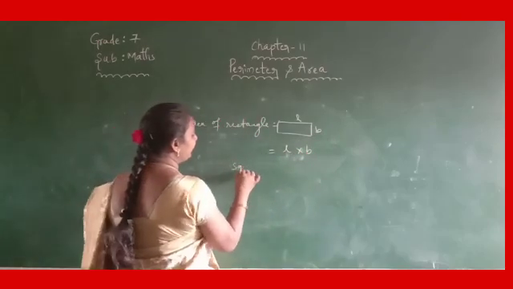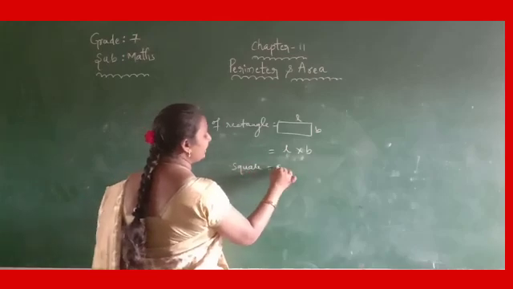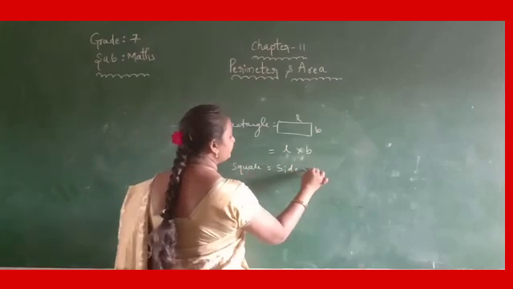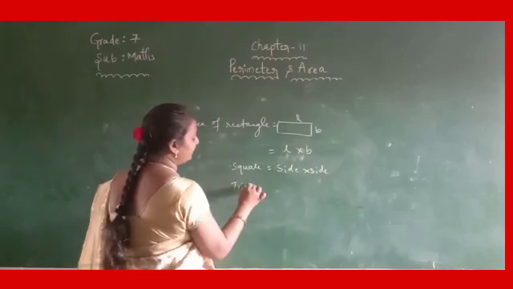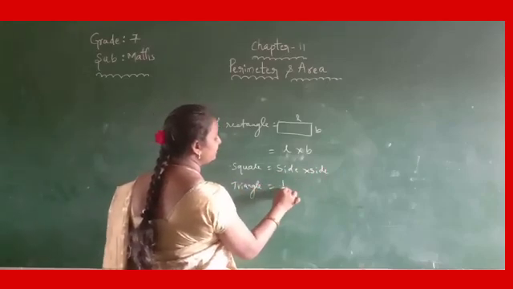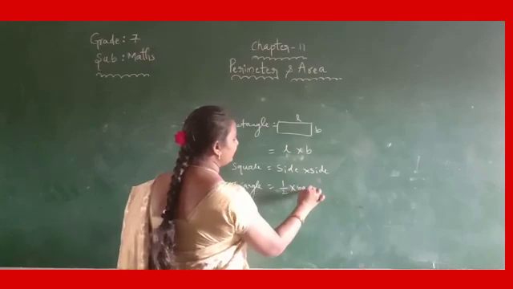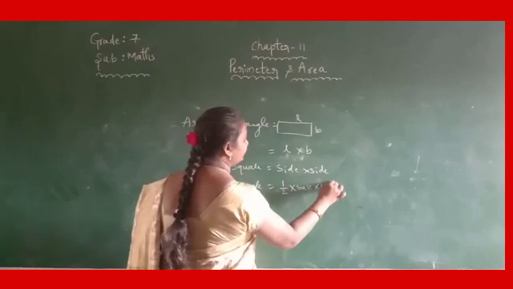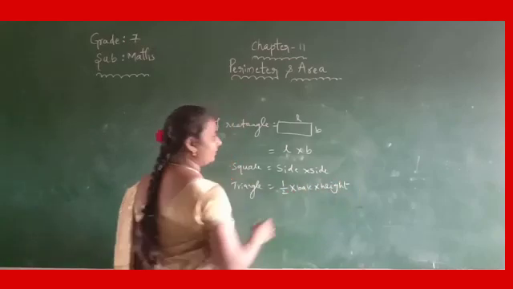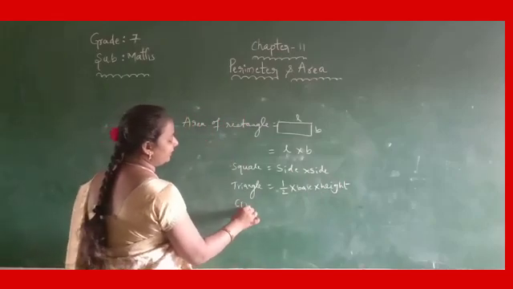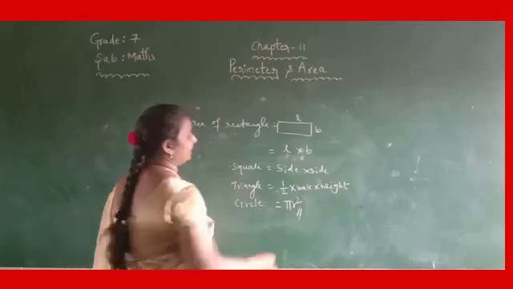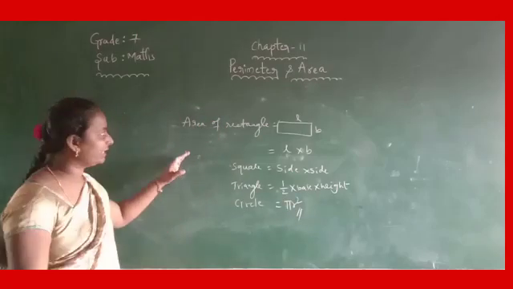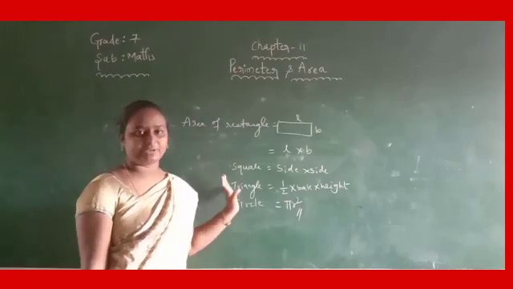Like that, area of square is side into side. And area of triangle is half into base into height. And the area of circle is pi r square. These all are the formulas for the area of plane figures.